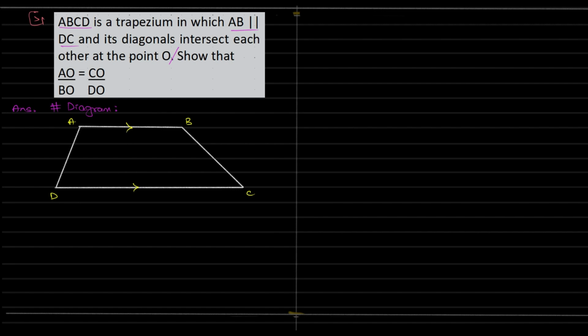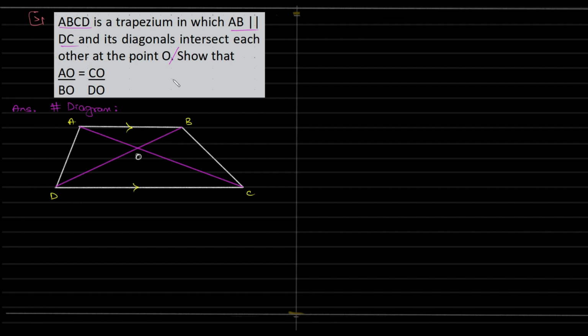So the question is that we have to talk about diagonals. A diagonal is a line connecting the non-adjacent vertices. So we have this to be O. We have to show that AO by OB is equal to CO by OD.